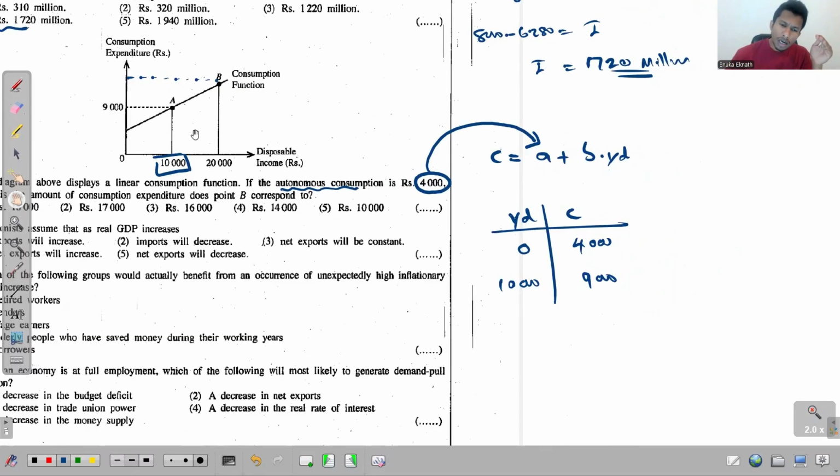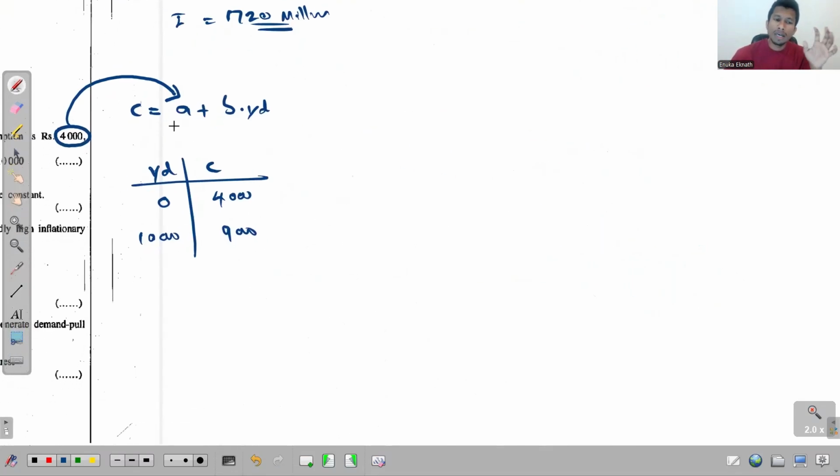Right. Now by looking at this table, we can develop the complete consumption equation. So A value is already given to us. So that's 4,000 plus. Now we just need to find this B. So as I mentioned earlier, B is equal to this marginal propensity to consume. And how do we find that? We just find it using this equation delta C divided by delta YD.